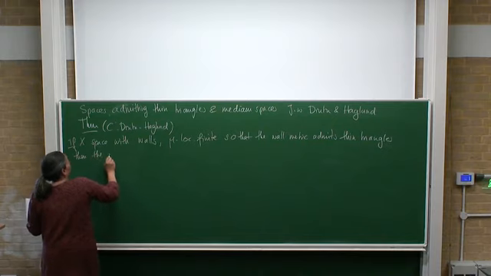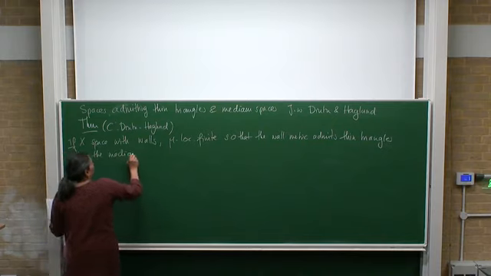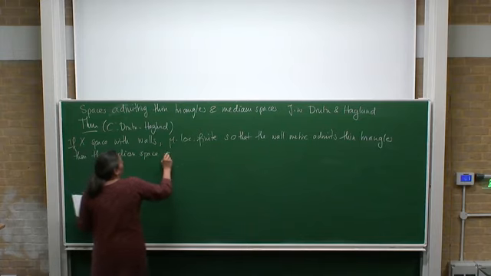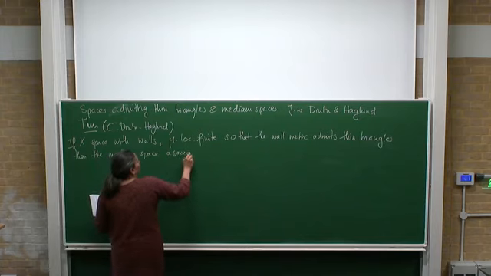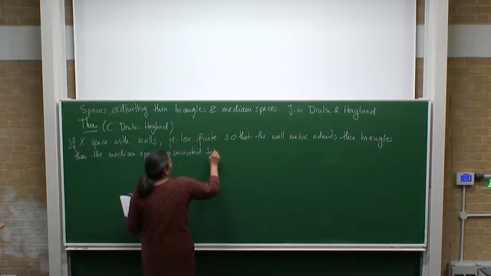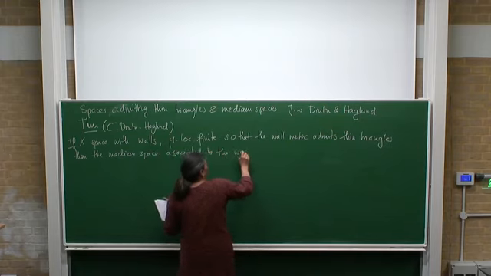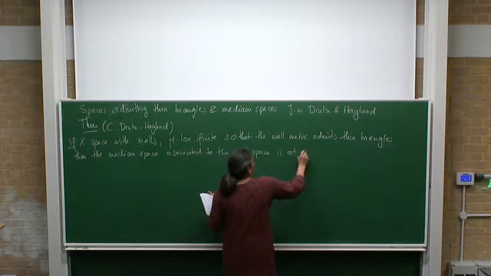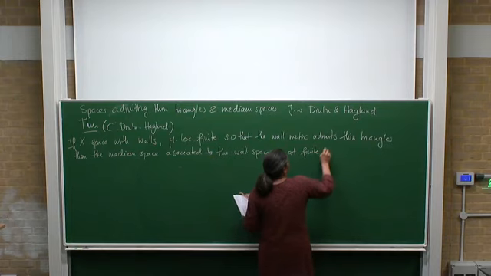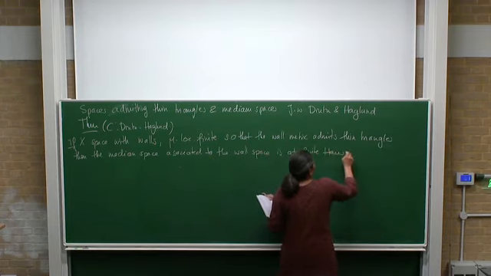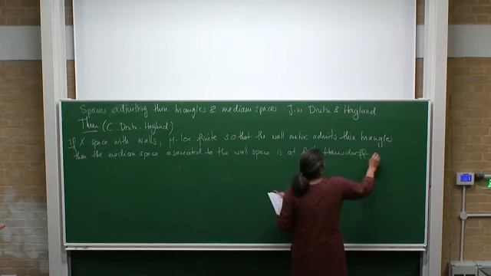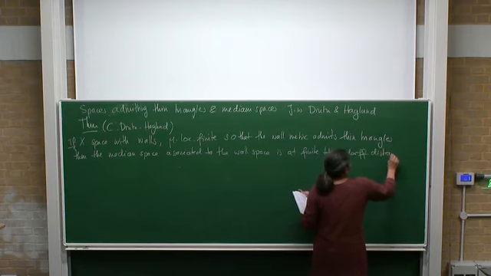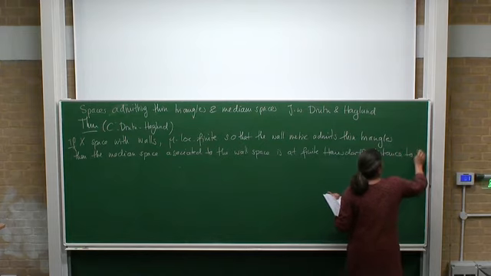Then the median space associated to the wall space is at finite Hausdorff distance to X.